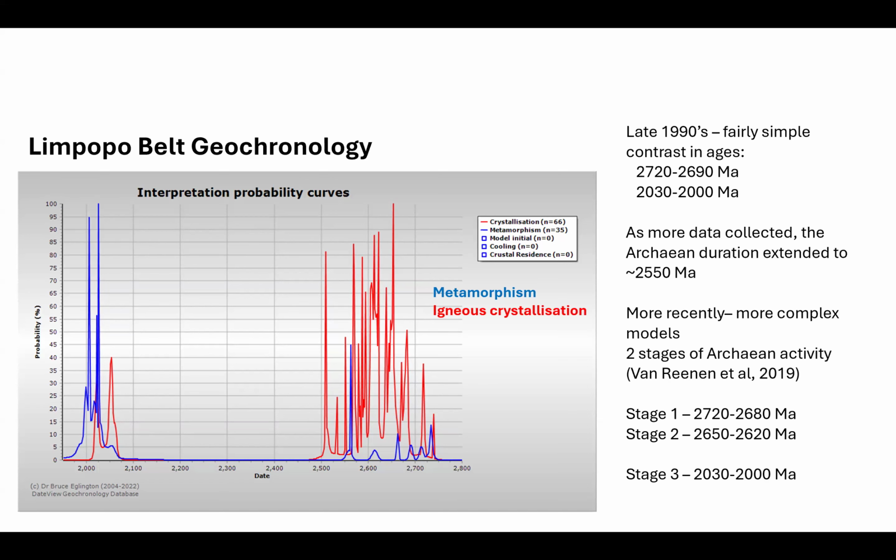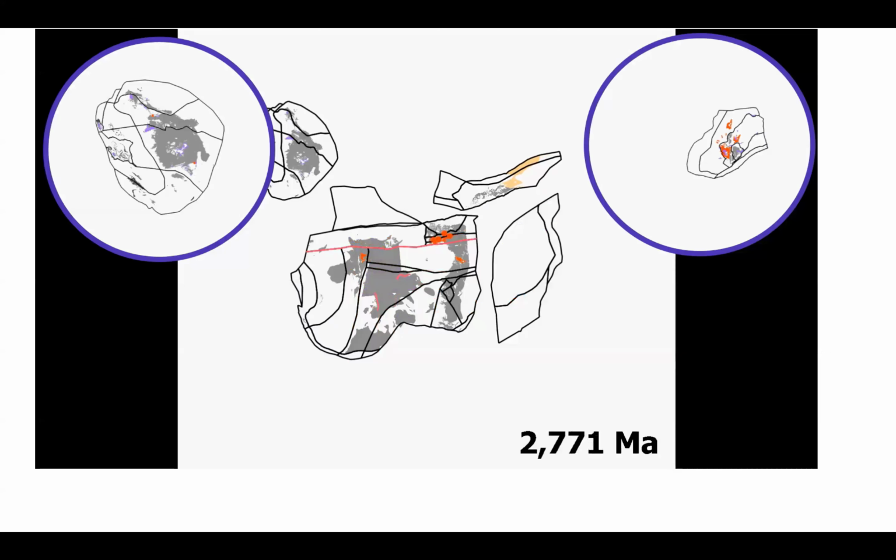One coinciding with the original one, around that 2.7 gigayears, and then another one around 2.65 down to, he says, 2.62. I would suggest that it probably extends down to about 2.55. And I think that's fundamentally important. Have a look at this animation now.